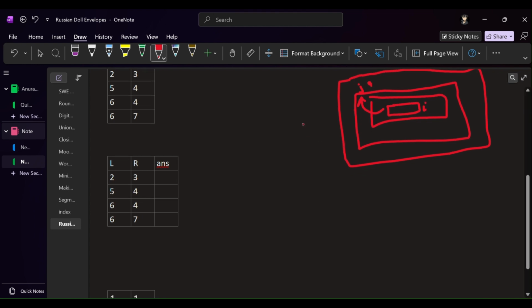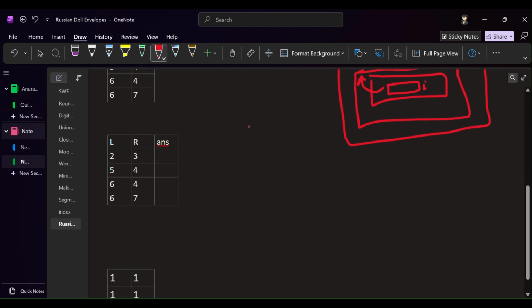So this is the first thing we need to see. For this we have already sorted on the basis of L, and we are going to calculate the answer from the end.